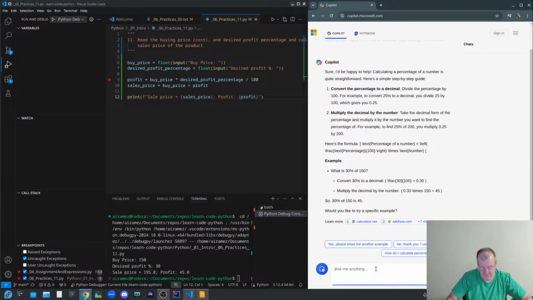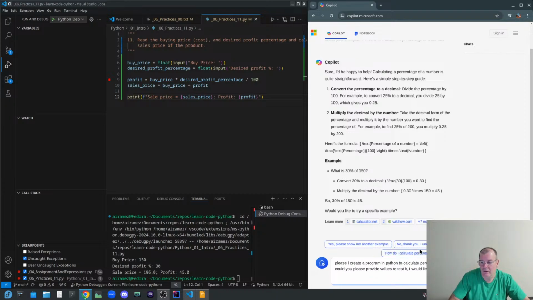We'll say, please, I created a function, a program in Python to calculate percentage. Could you please provide me values to test it?